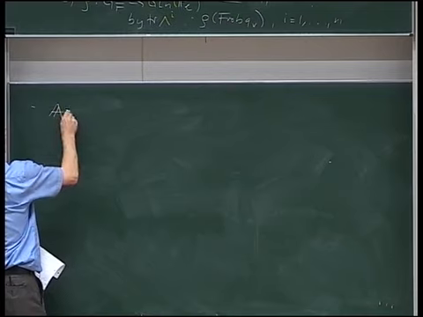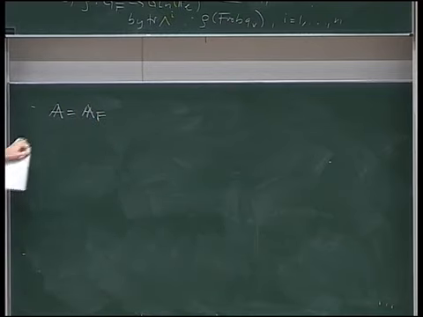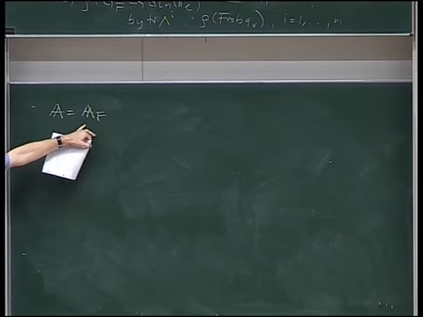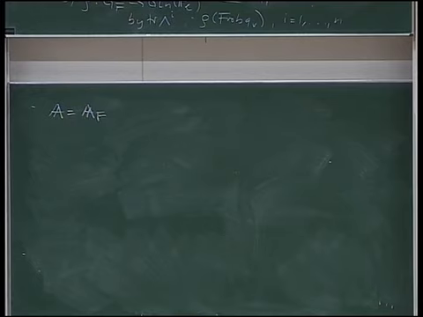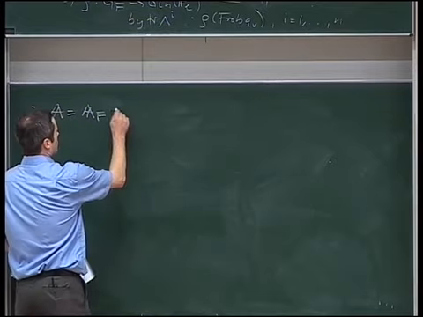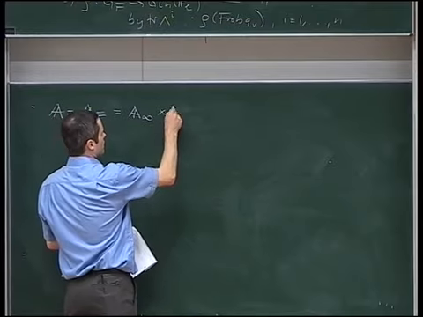So the way to fix all this is to move over to the adeles, and I'll subsequently just write A and drop the subscript F, but I will always mean the adeles of my totally real field, not the adeles of Q. So briefly recalling the definition of these adeles.